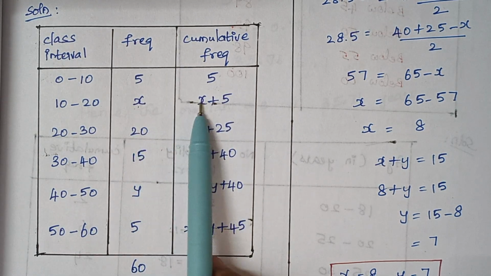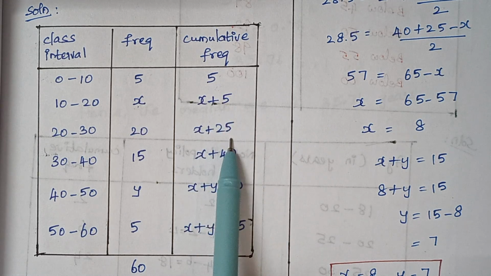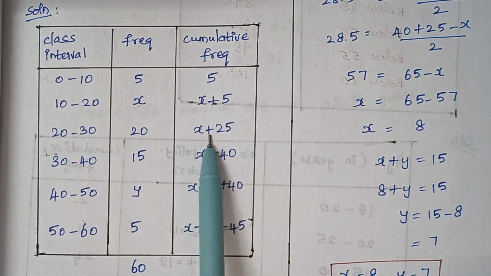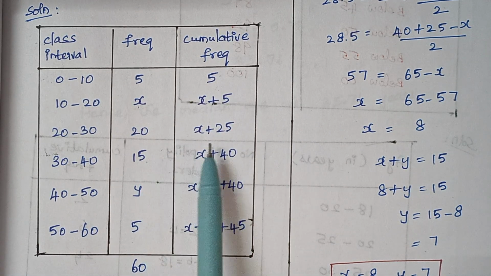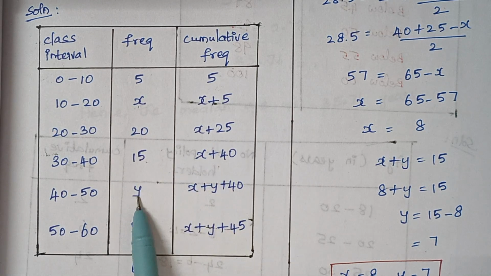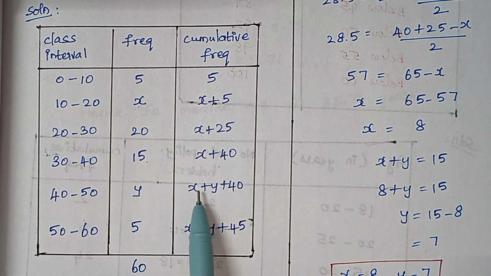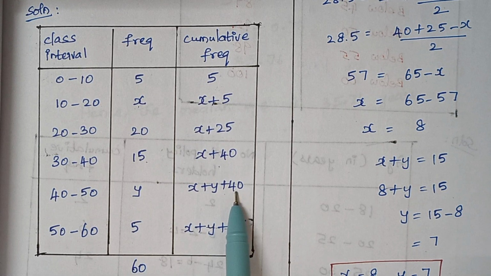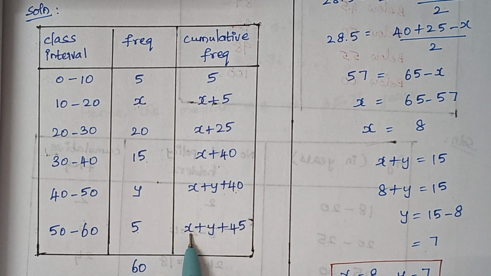So 20 plus x plus 5 becomes x plus 25 and again here to this value we are going to add 15. So 25 plus 15 makes 40, so x plus 40. And for the next thing again you have to add, so it is x plus y plus 40. And again x plus y plus 40 plus 5 becomes x plus y plus 45.